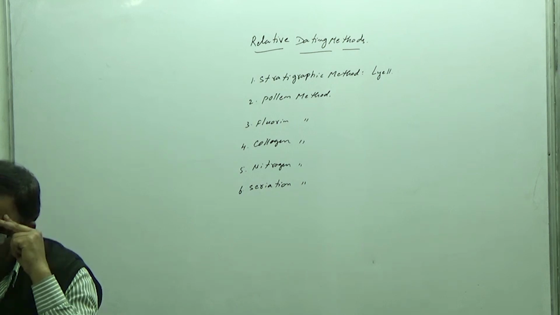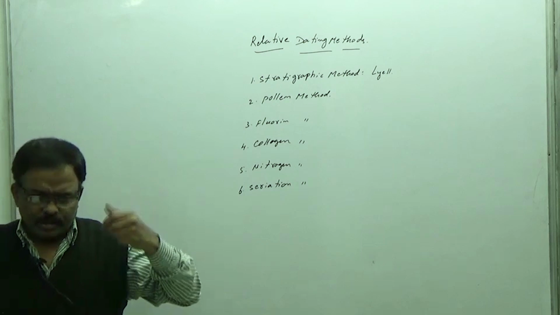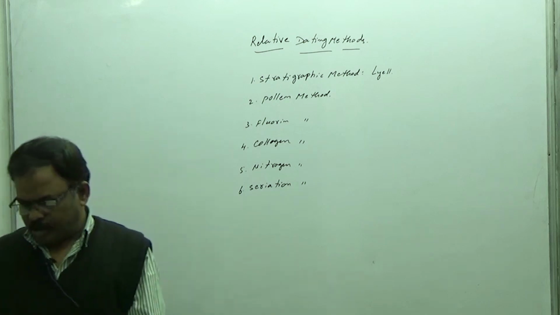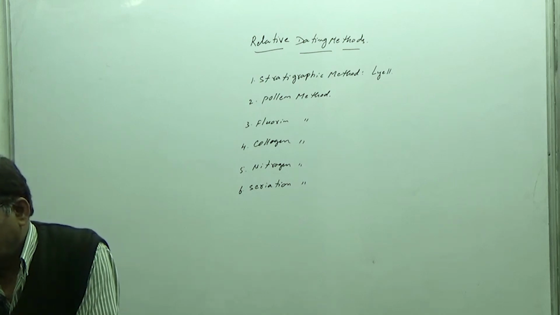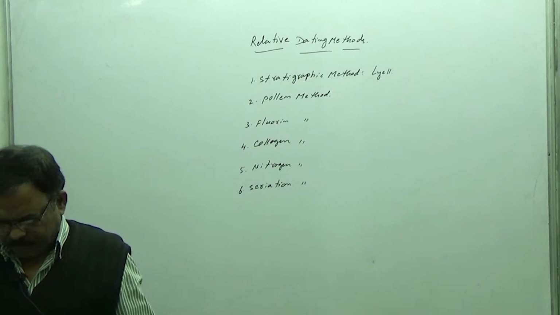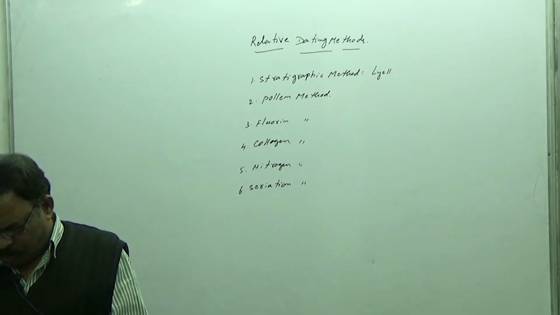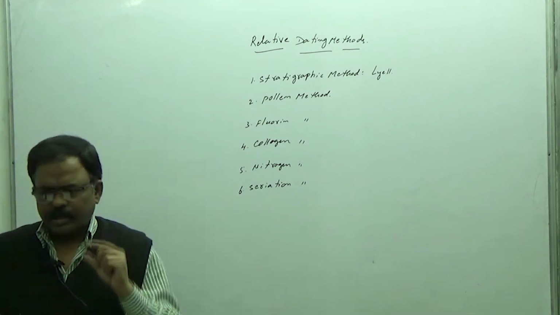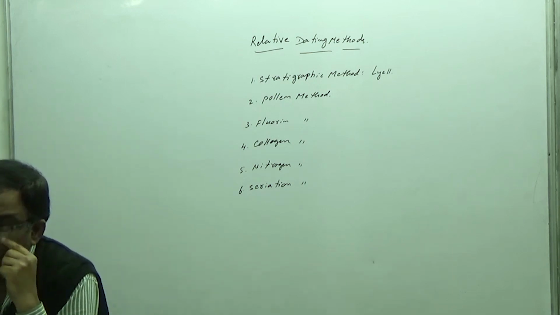These methods give only approximation. That means these methods are useful to understand the relative age, not absolute age.